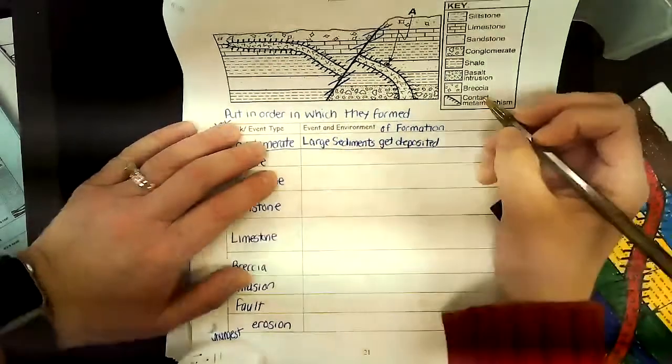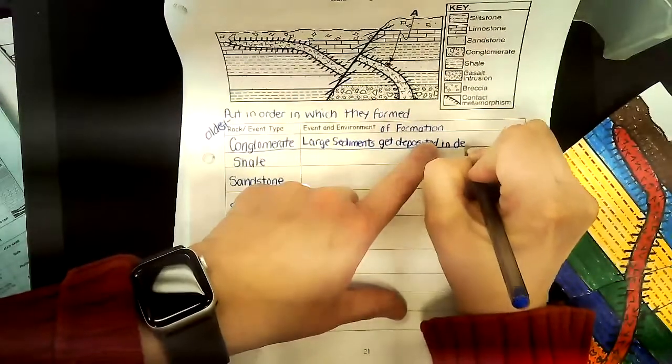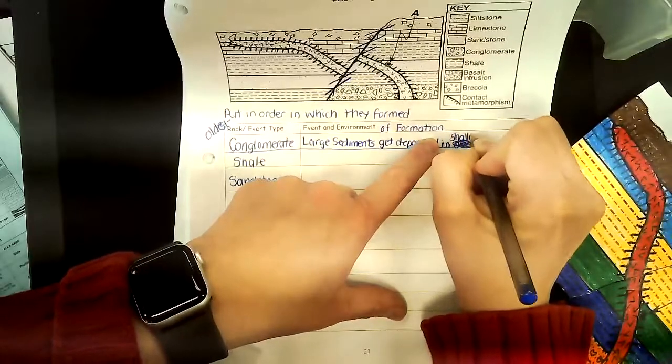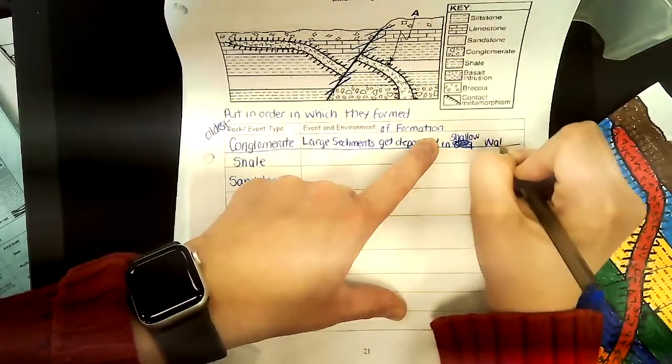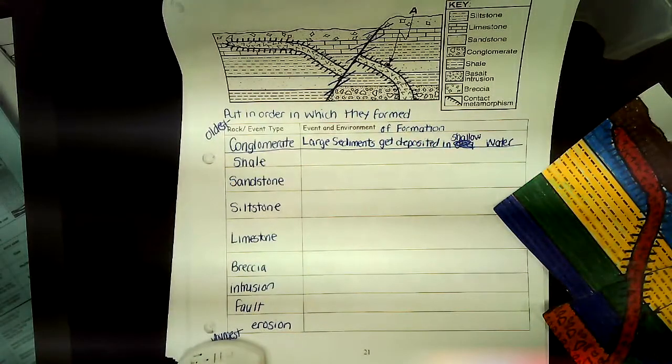So large sediments get deposited in shallow water, because when a river enters a lake, right at the beginning is usually shallow water. So conglomerate happens when large sediments get deposited in shallow water.